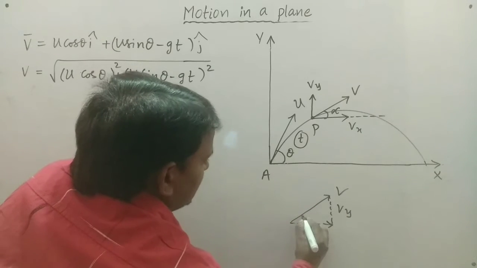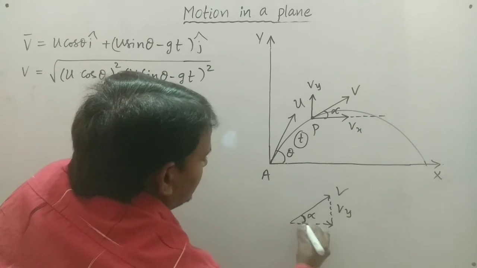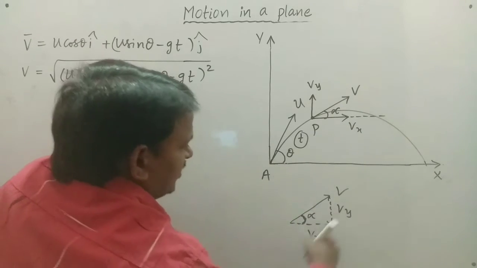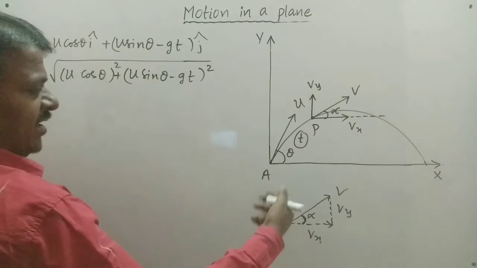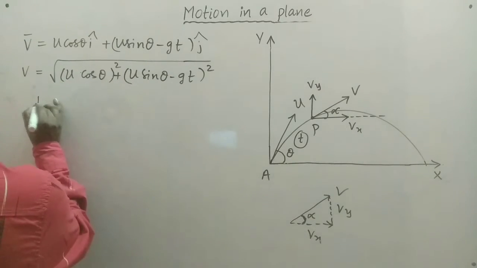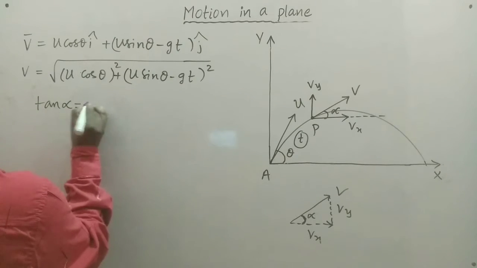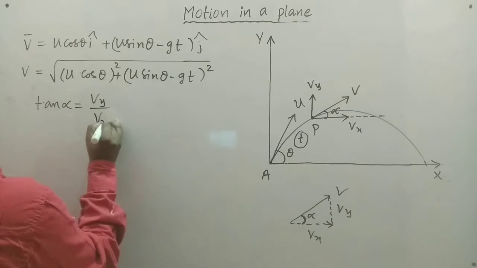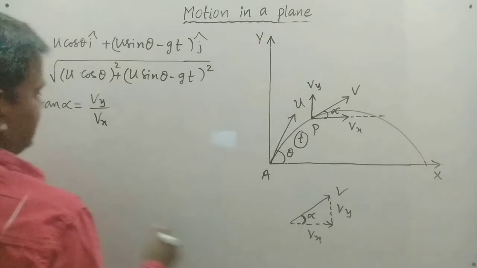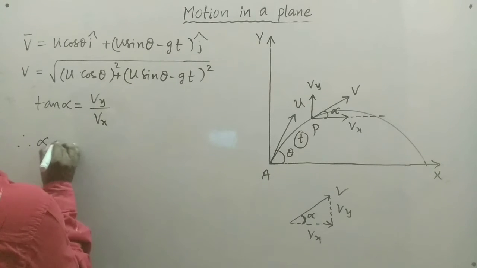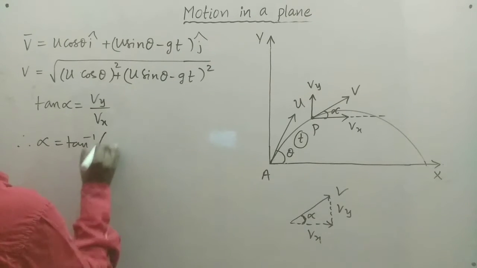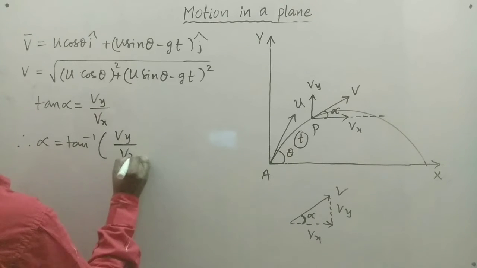With respect to alpha, this is the opposite side and this is the adjacent side. Let us take the trigonometric ratio tan. Tan alpha is equal to Vy by Vx, opposite side by adjacent side. Alpha is equal to tan inverse of Vy by Vx.